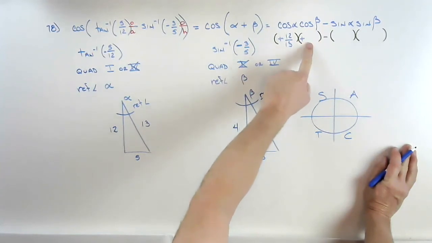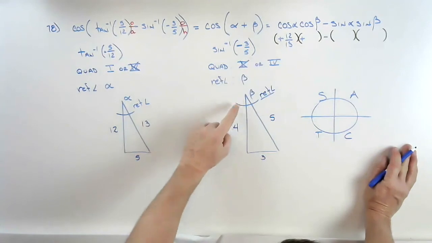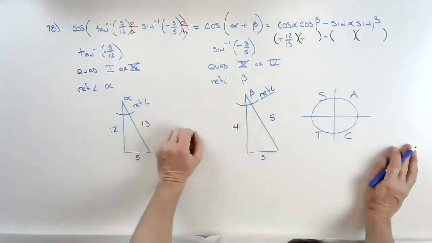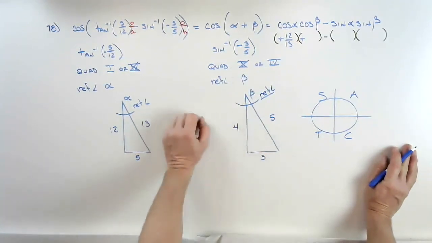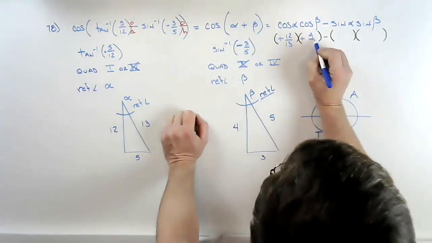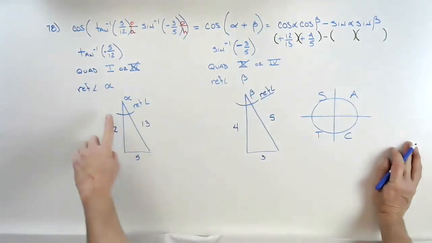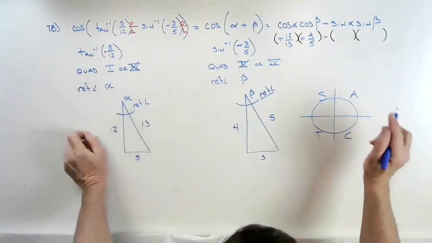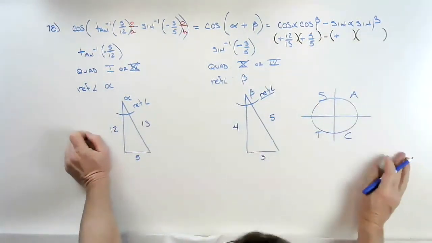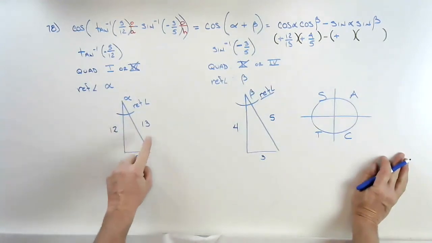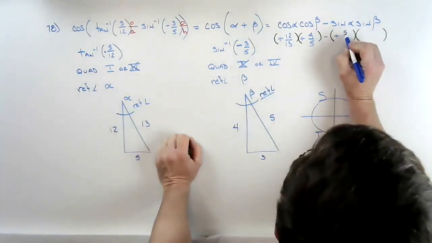Cosine is adjacent over hypotenuse. That's 4 over 5. Now I need sine of alpha. Alpha's back over here. Alpha's in quadrant 1, so I put a plus. Sine is opposite over hypotenuse. That's 5 over 13.